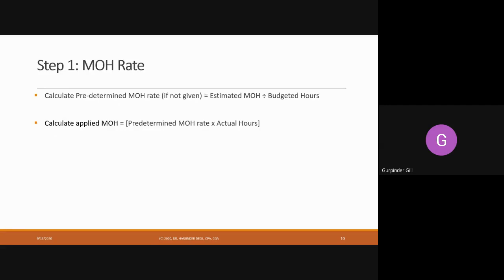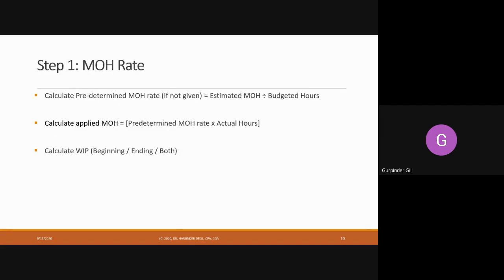Once we know our predetermined manufacturing overhead rate, then as we go, we will keep applying this manufacturing overhead based on the predetermined rate. So whatever your predetermined manufacturing overhead rate is, we will multiply that by the actual number of hours and apply that cost as applied manufacturing overhead to that job or product as we go.